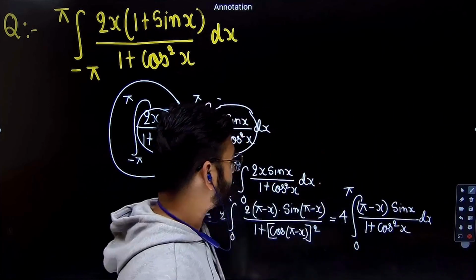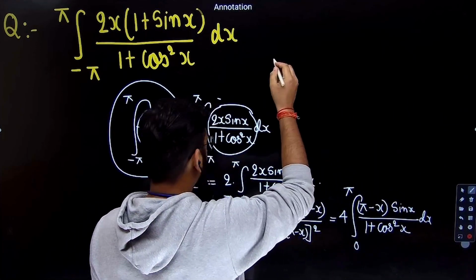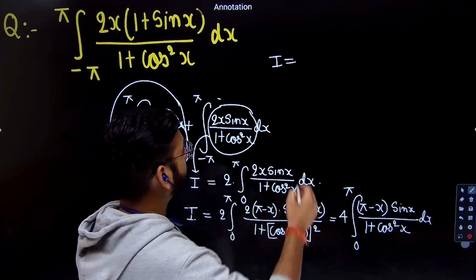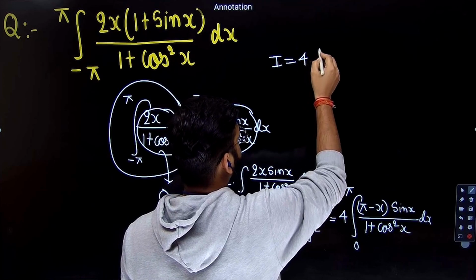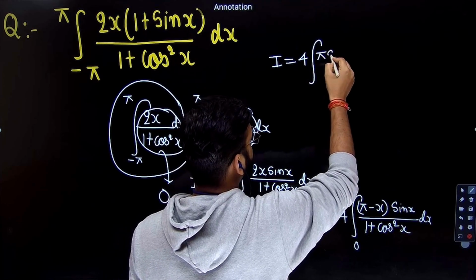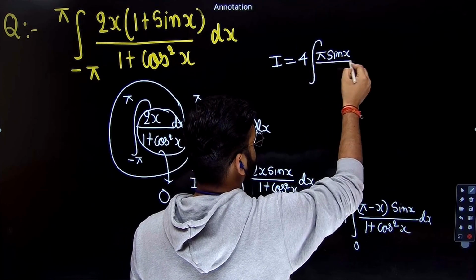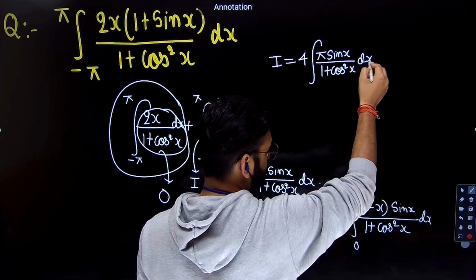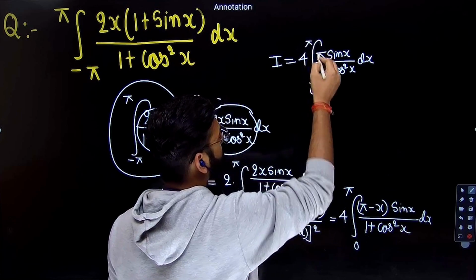So when we open the bracket, what will happen? Let me write it here. So I will be equal to, right, open the bracket. 4 you have kept outside. So pi sin x divided by 1 plus cos square x dx from 0 to pi, correct?